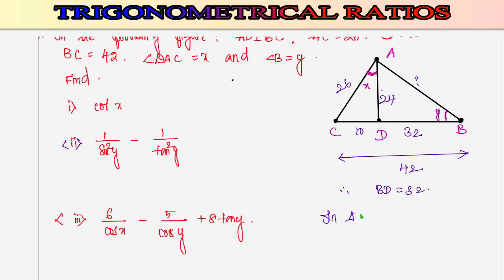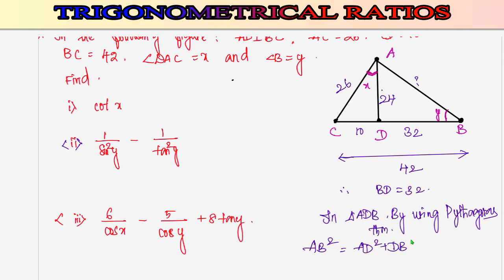In triangle ADB, by using the Pythagoras theorem, AB square is equal to AD square plus DB square.